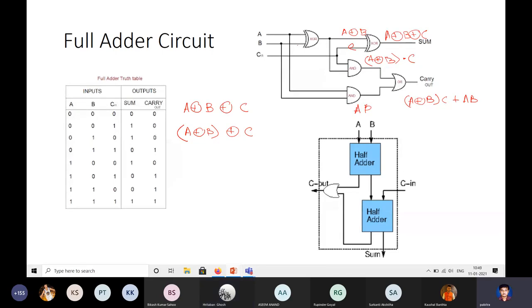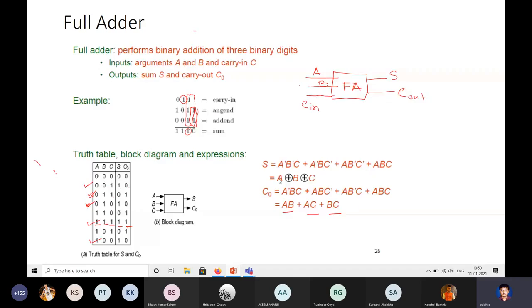See, I could have done this entire thing by a much larger circuit. This I could have represented by 4 3-input AND gates and 3 2-input OR gates.